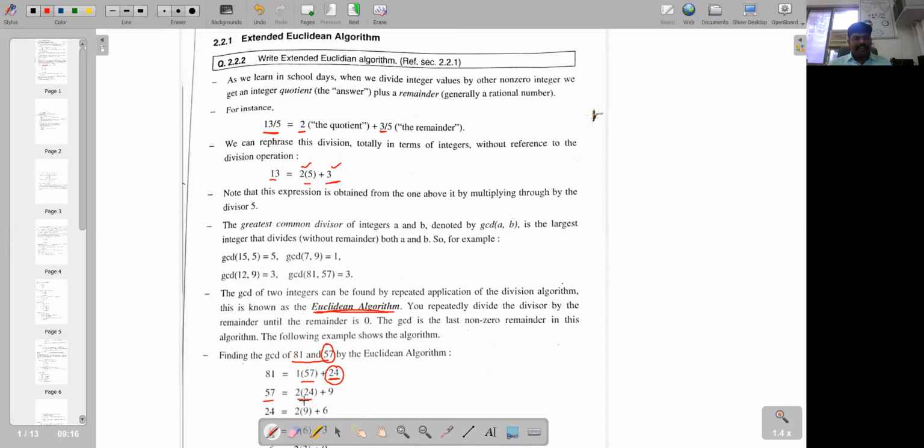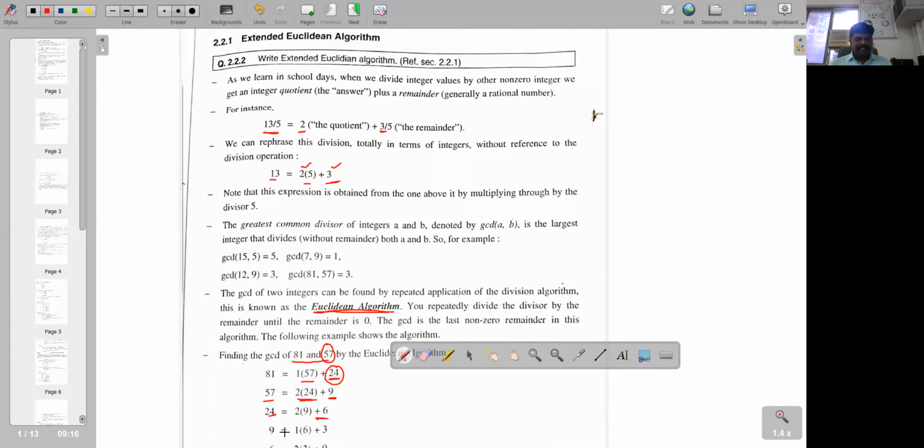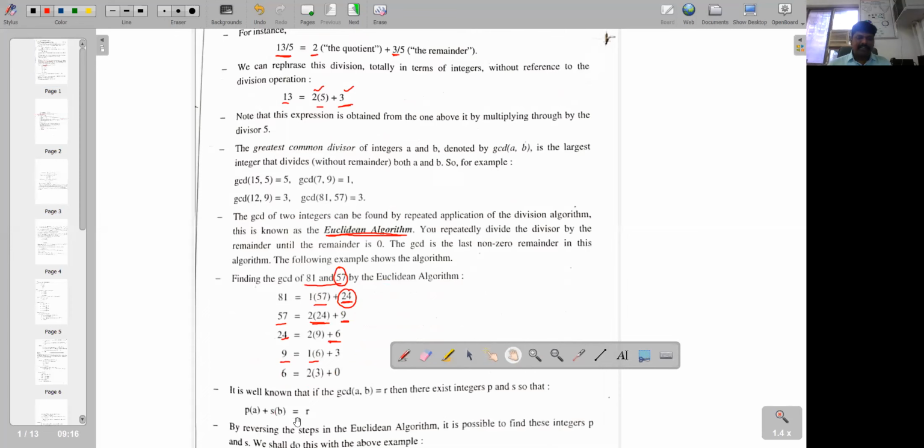So 57 equals 2 into 54 plus 9. Again, 24 equals 2 into 9 plus 6. And then 9 is equal to 1 into 6 plus 3. If you continue like this, somewhere you will get 0.